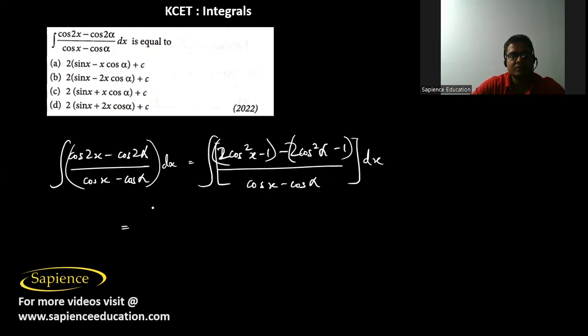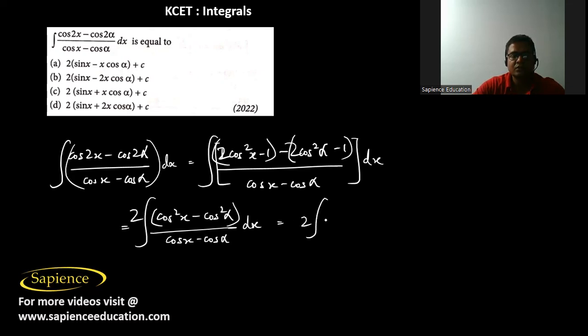So this will be integral, the 1 and 1 will get cancelled. So this will be 2 into cos square x minus cos square alpha divided by cos x minus cos alpha into dx, which is cos x plus cos alpha into cos x minus cos alpha. So these two will cancel out.